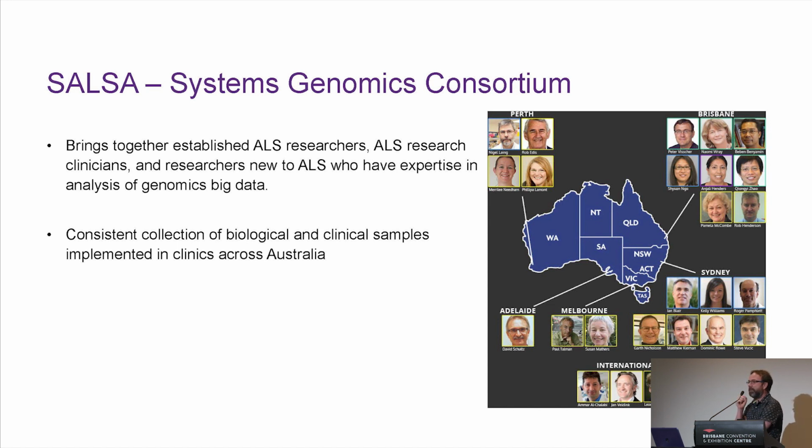The main thing with this is there are multiple clinical sites across Australia, and everything's collected with a uniform protocol so that all our samples are comparable and available to researchers.